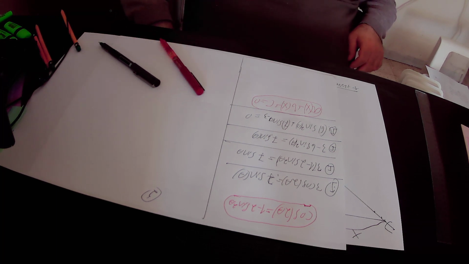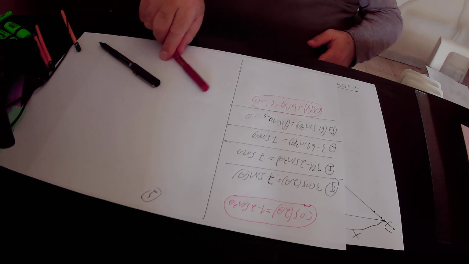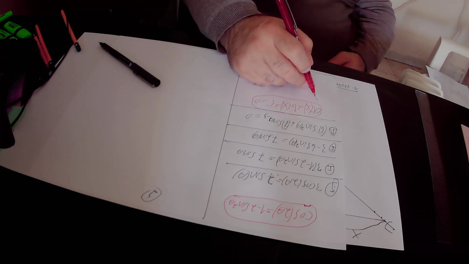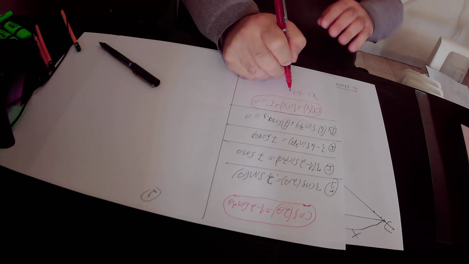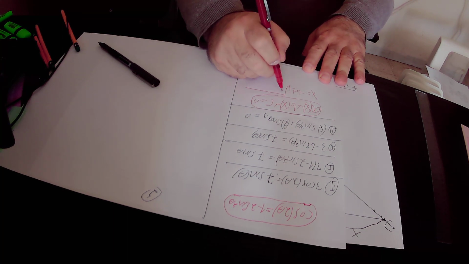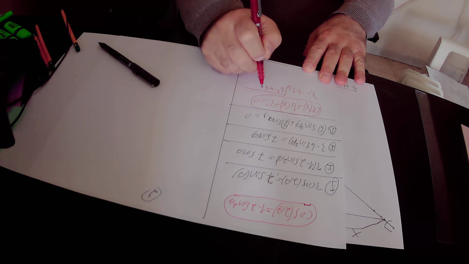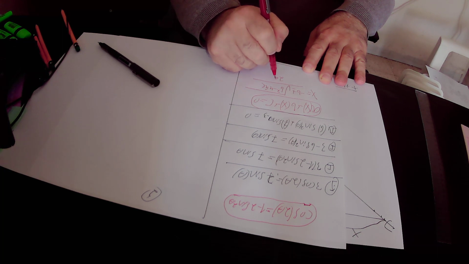We find the value of x according to the formula x equals minus b plus minus square root of b squared minus 4ac, over 2a.